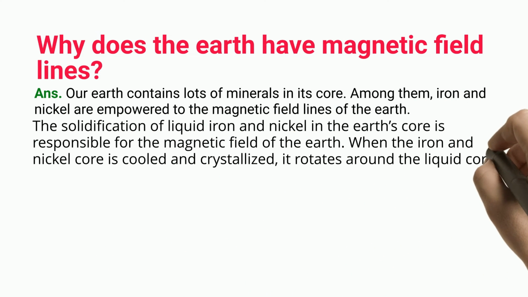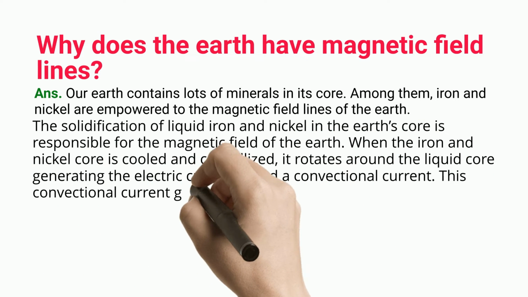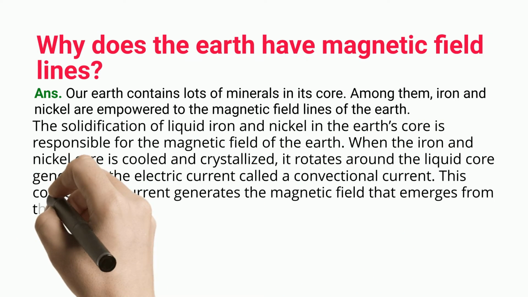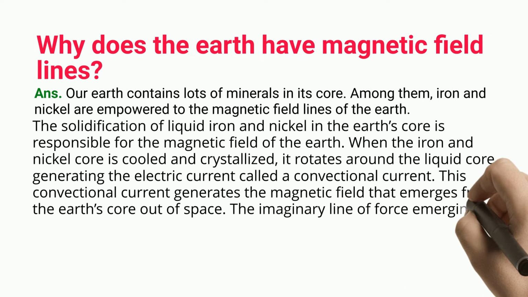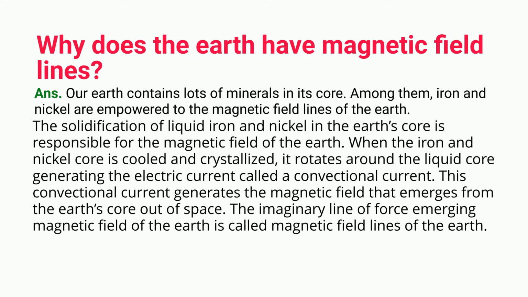When the iron and nickel core is cooled and crystallized, it rotates around the liquid core, generating the electric current called a convectional current. This convectional current generates the magnetic field that emerges from the Earth's core out into space. The imaginary lines of force of the emerging magnetic field of the Earth are called magnetic field lines of the Earth.